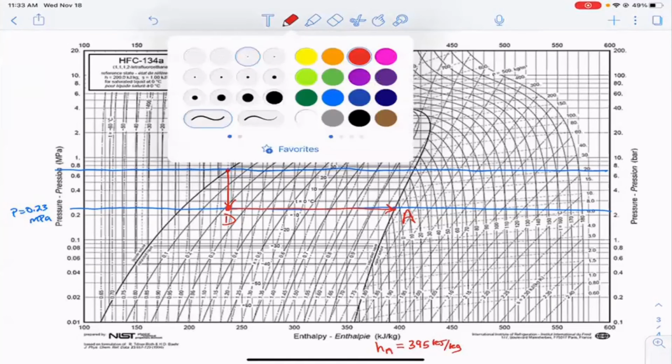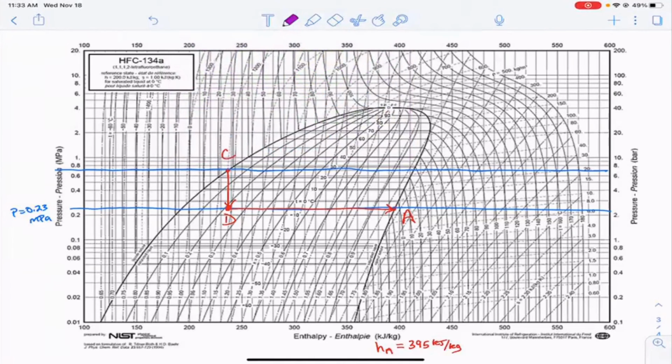So here's the first line of constant entropy here, right? And actually I drew that a little too straight. So yeah, here's one of them, and here's the other one.